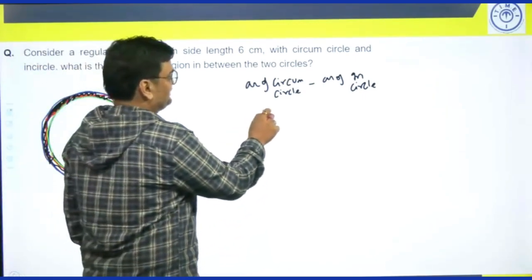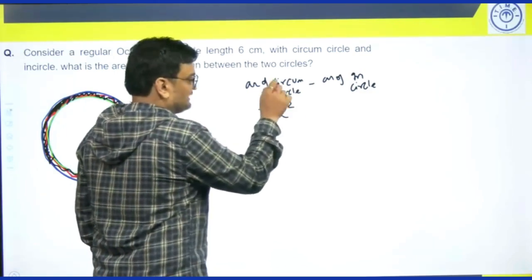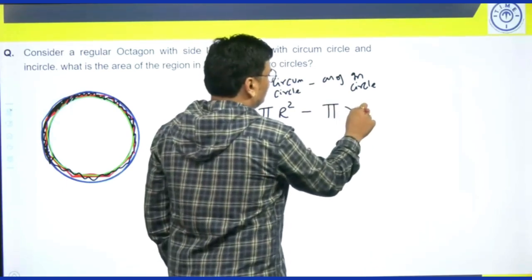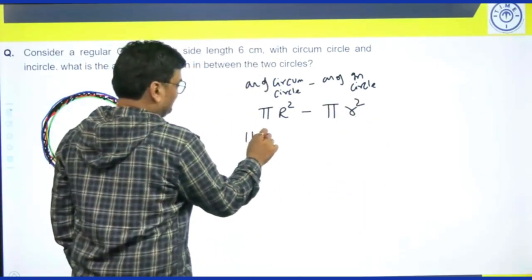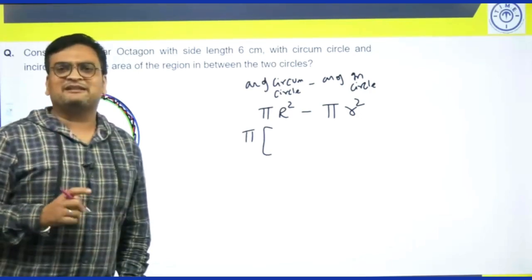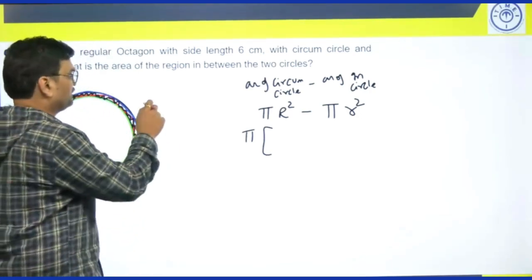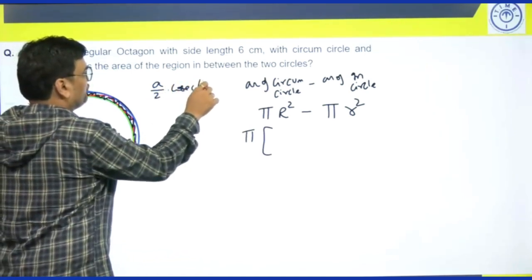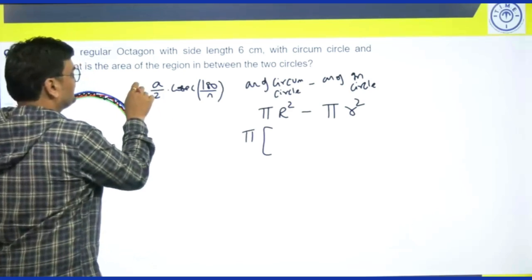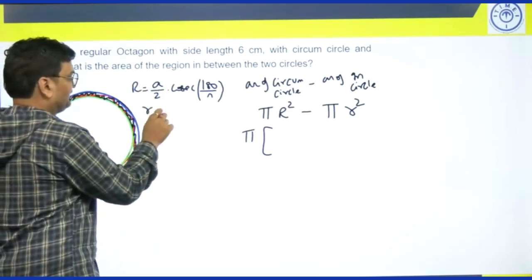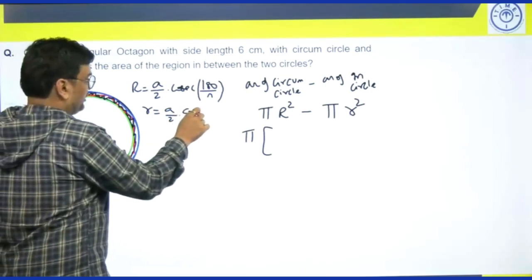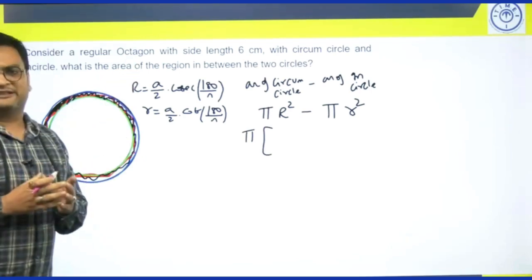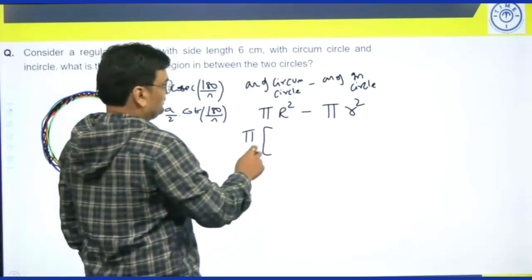Now what is area of circumcircle? It is nothing but pi into circumradius square, pi R square, minus pi into inradius square, pi is common. Now what is circumradius in case of a regular polygon? I will just help you recall the formula. It was a by 2 into cosecant 180 by n. This was the circumradius. Inradius is a by 2 into cot 180 by n. N is 8 over here, it is an octagon. So what will be capital R?